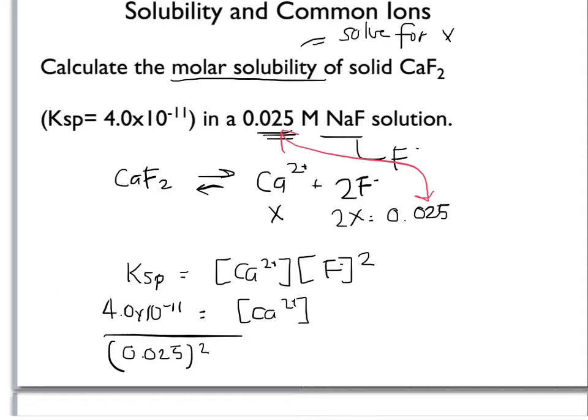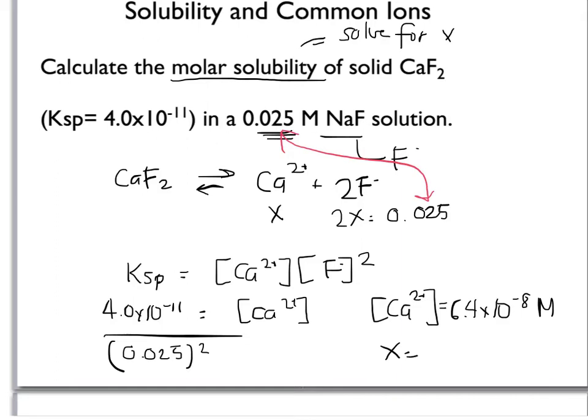So if I calculate this out, the calcium ion, or X, is going to equal 4.6 times 10 to the negative 8 molarity. So there's your molar solubility right here.